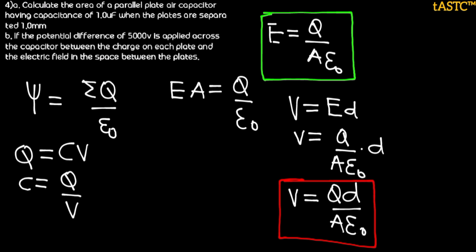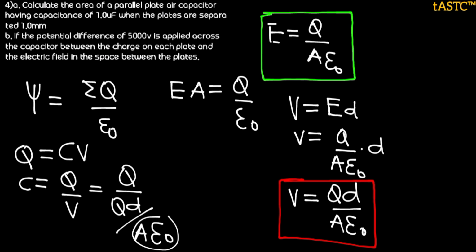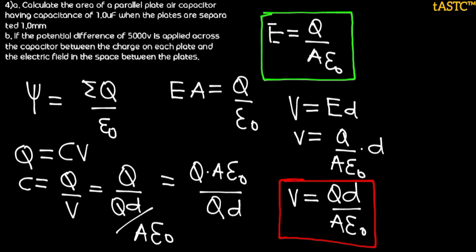So here we're going to see that C is equal to Q divided by QD divided by A multiplied by epsilon naught. Now this stuff is basically going to shoot up, and so we're going to have Q multiplied by A multiplied by epsilon naught, and that will be divided by QD. So in this case, we know that this is going to get cancelled.